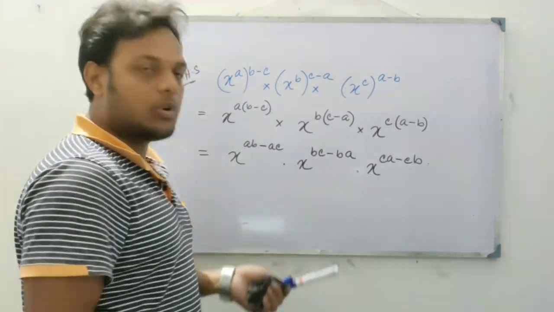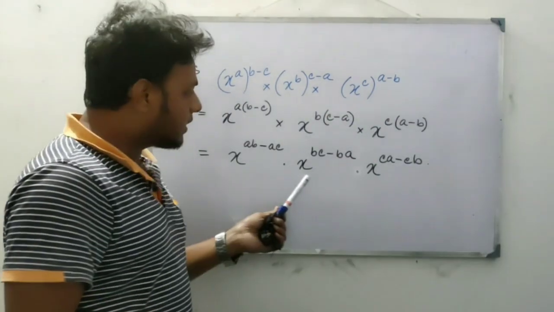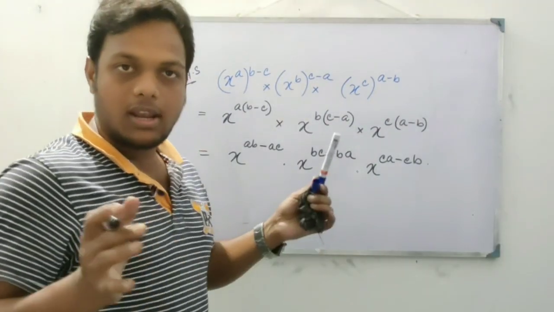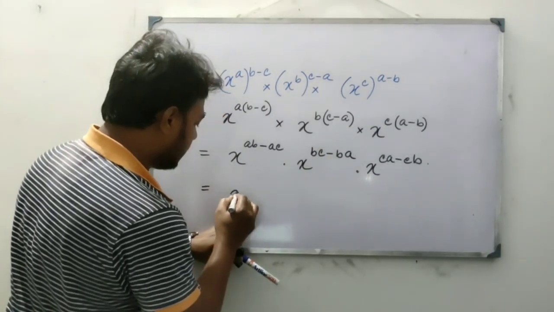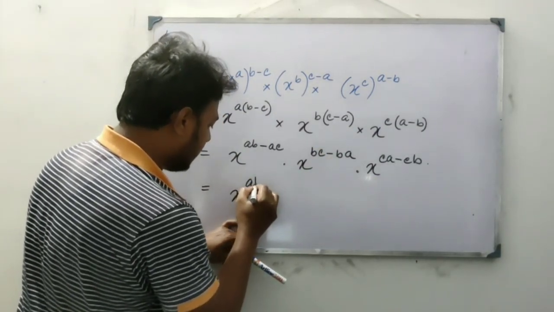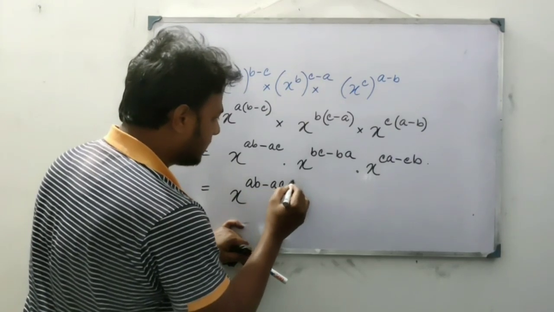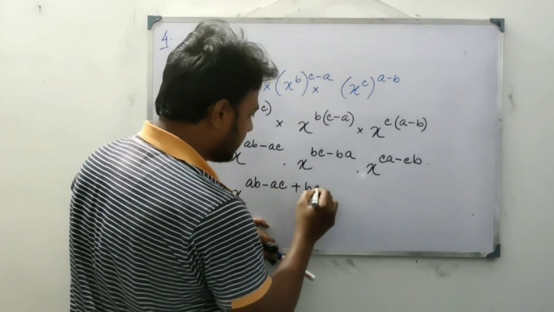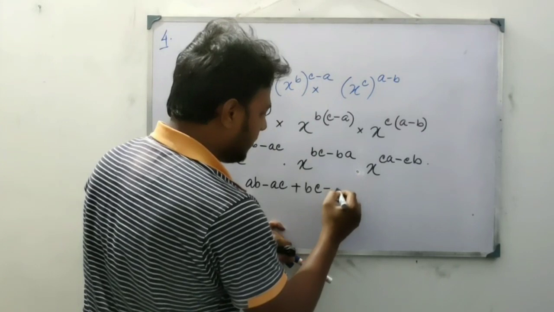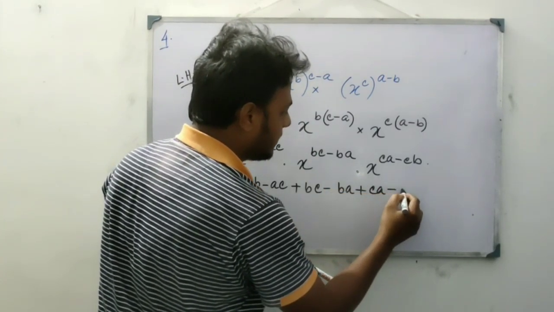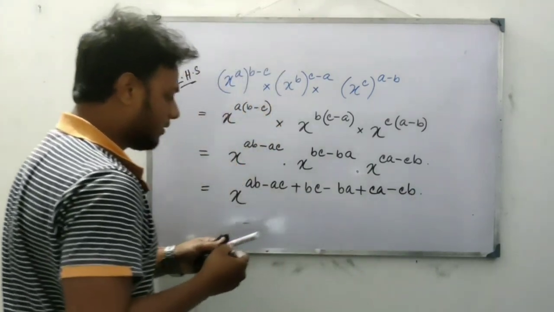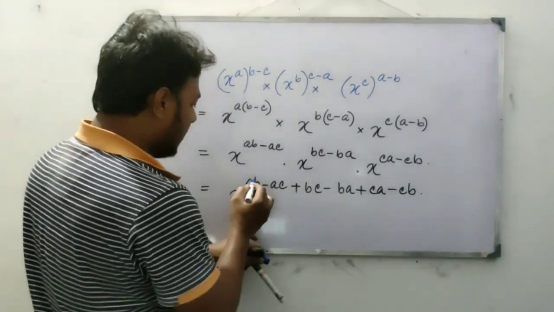So in the case of product form, since all of the exponents have the same base, we can add the powers. So x to the power, the first power ab minus ac, second power plus bc minus ba, plus third power ca minus cb.